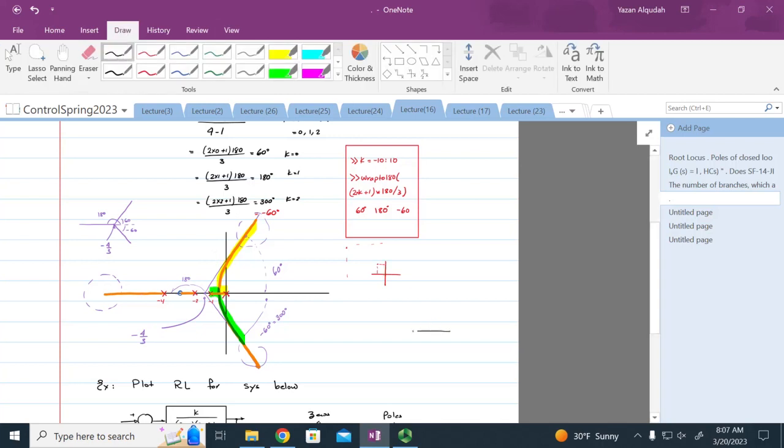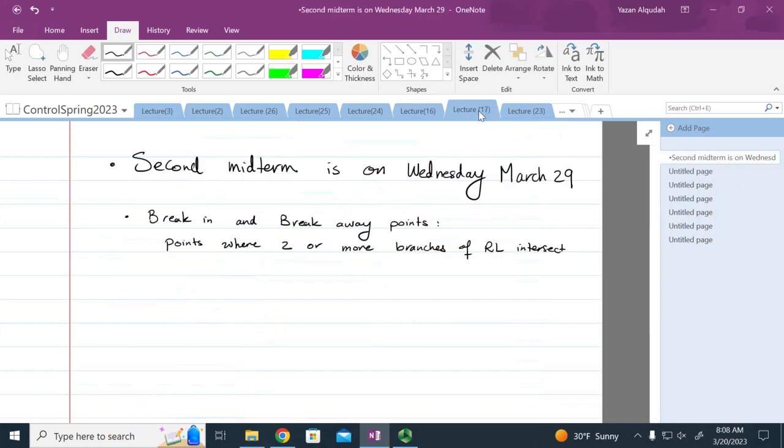Does that make sense? So these two poles, if I draw them again here, when k is very small, I'm starting here. When k is increasing, I'm going to be moving this way, and this way. Eventually, there will be a point where both of these branches are going to meet each other. And that is the intersection point that we're going to be calculating.